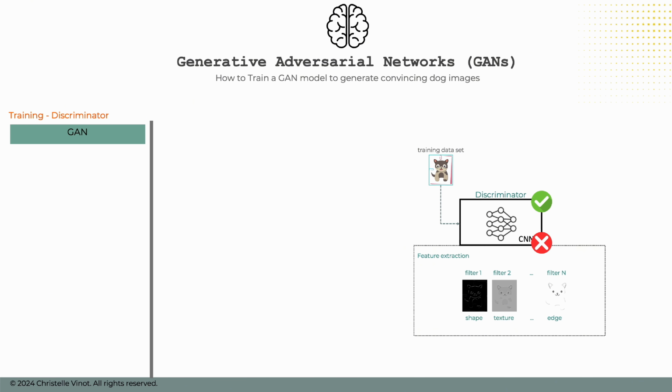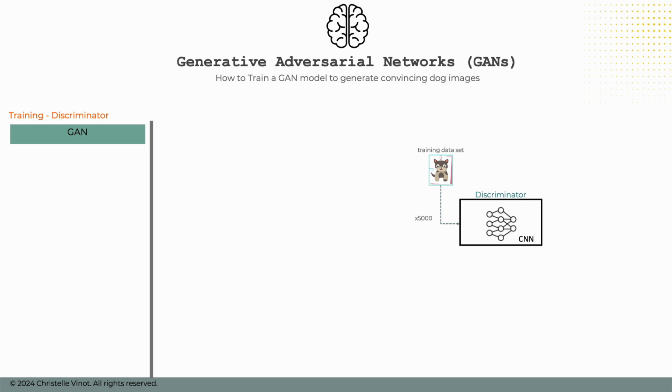The CNN applies a series of filters to the images through multiple layers, helping the discriminator recognize things like textures, shapes, and patterns. For example, some of the features extracted might include the shape of the dog, the texture of the fur, and the edges around the dog, and it's all happening automatically as the images flow through the network.